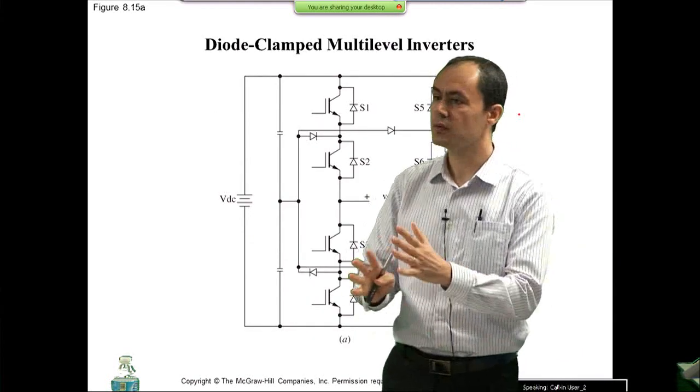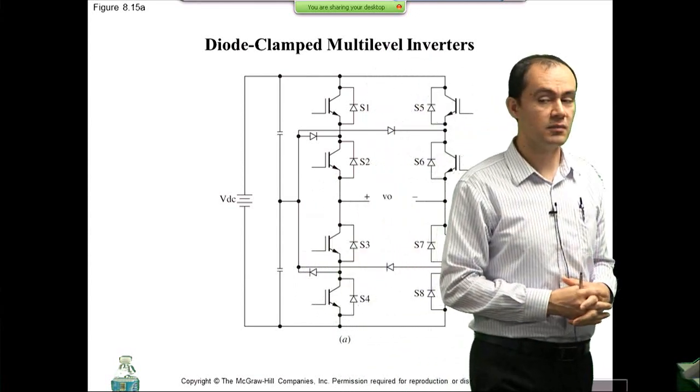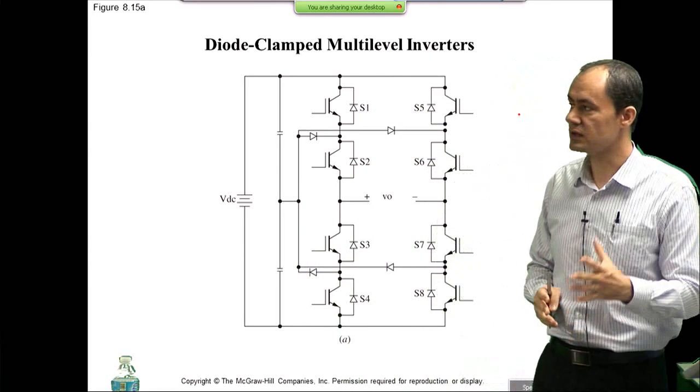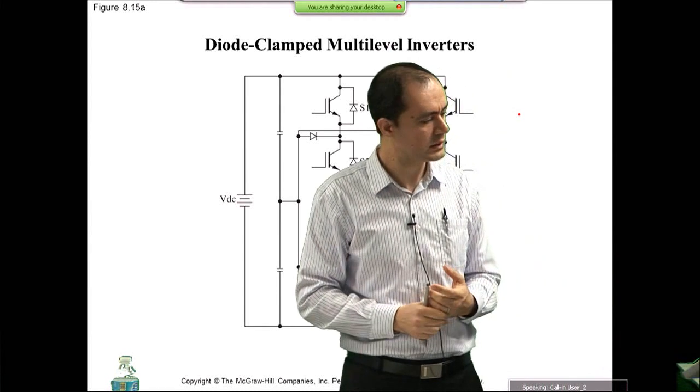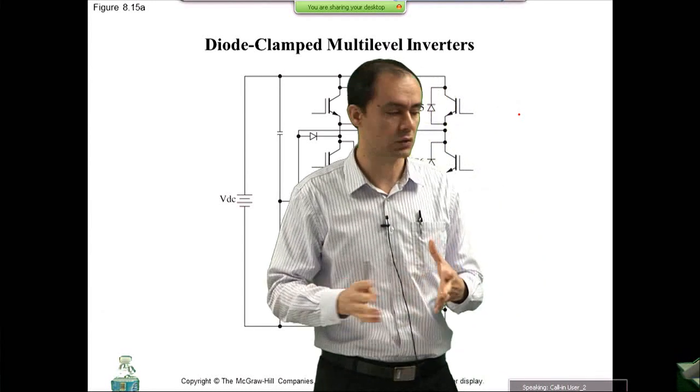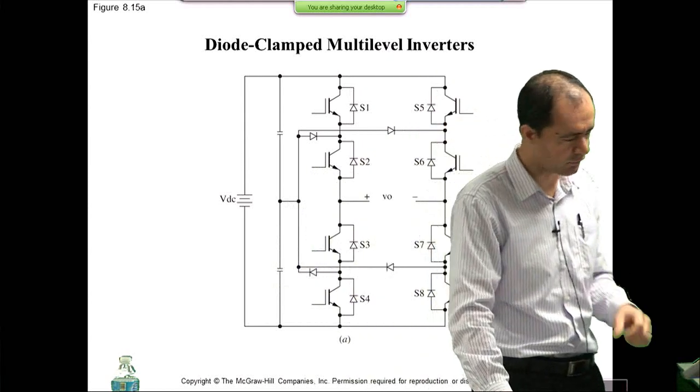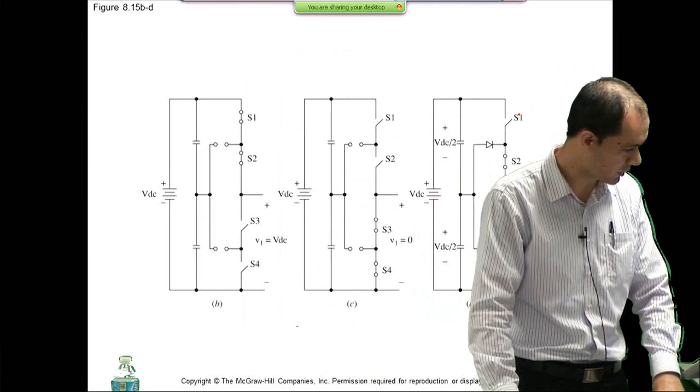Then there are other ways of doing that; this is the whole concept of multi-level converters, or in this case, multi-level inverters. We actually talk in detail about these topologies in the course WE3 453 Advanced Power Electronics.